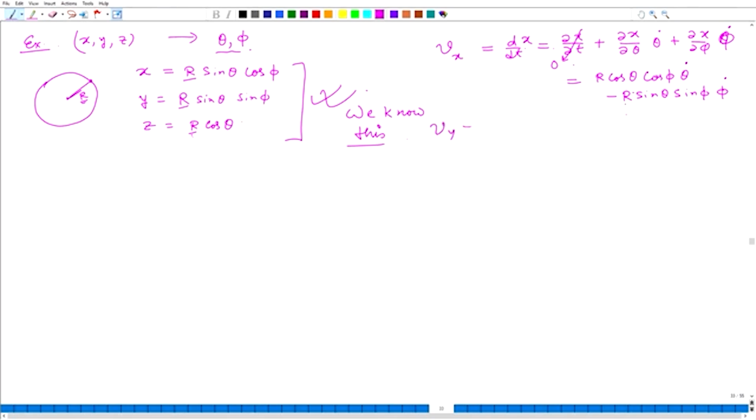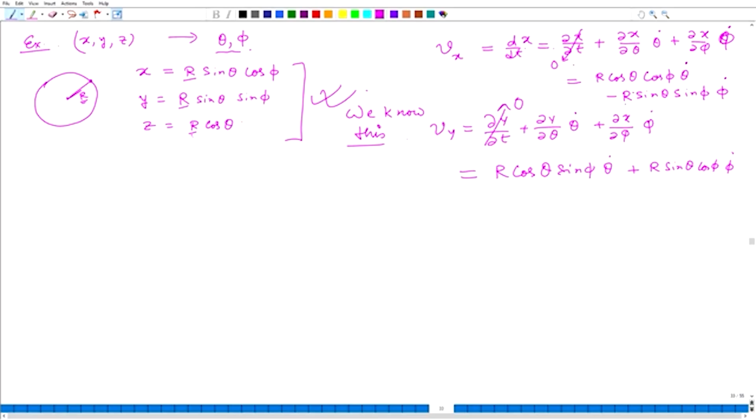So for Vy you will have ∂y/∂t plus ∂y/∂theta theta dot, plus ∂y/∂phi phi dot. And what you can have? Once again this first term is 0, you have r cos theta sin phi theta dot, and then plus r sin theta cos phi phi dot.